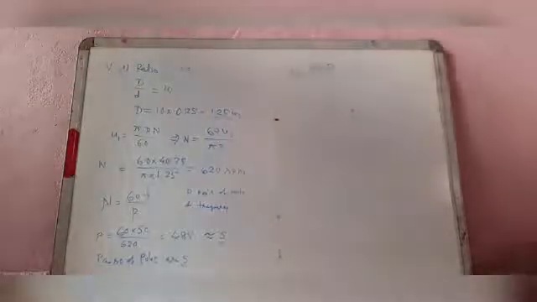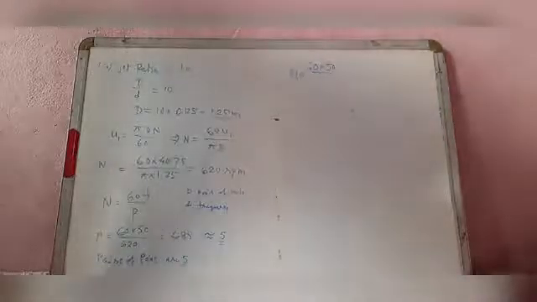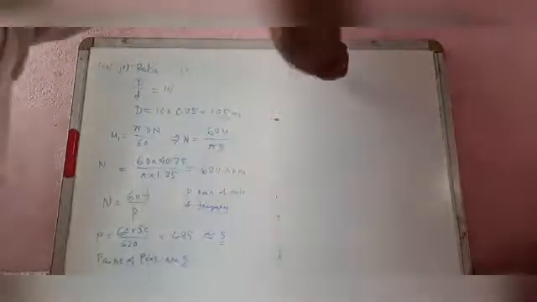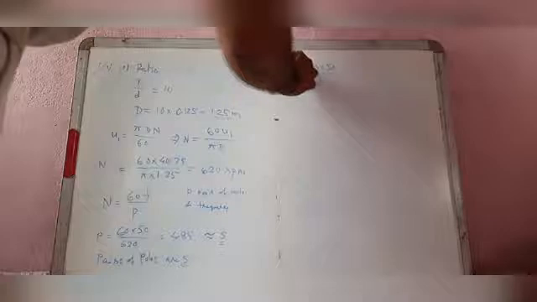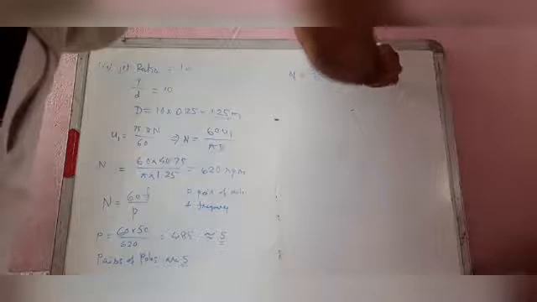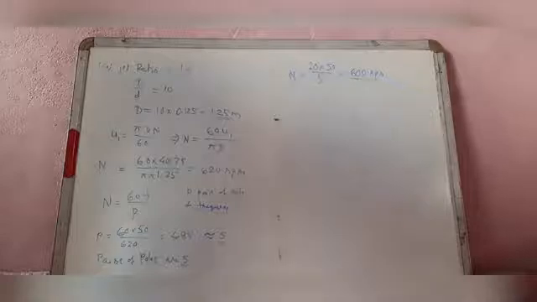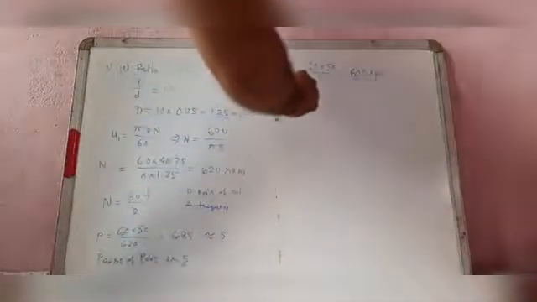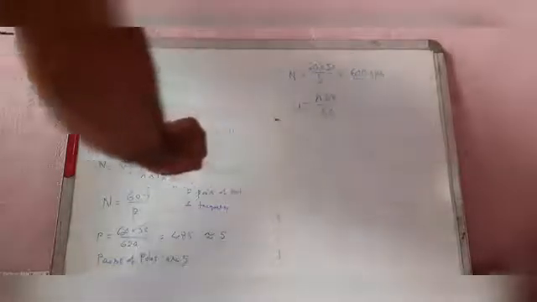Now, corresponding to 5 pair of poles, the speed of turbine will become as here N equal to 60 into 50 by 5, and this is N. So this comes 600 RPM for number of pole pairs 5, and for U equal to pi DN by 60.